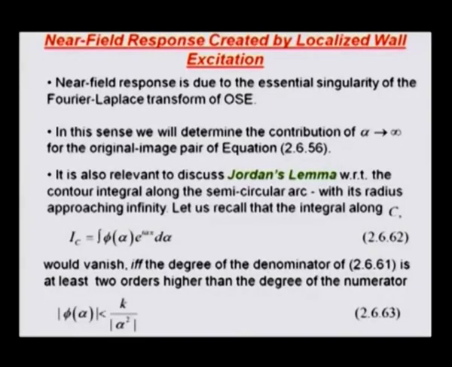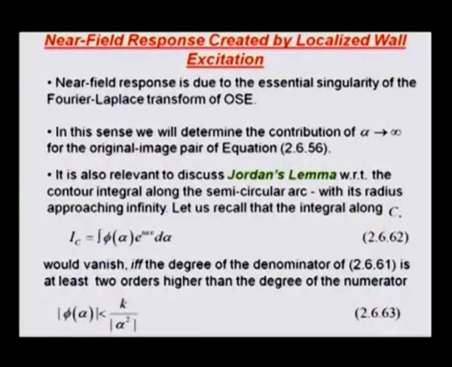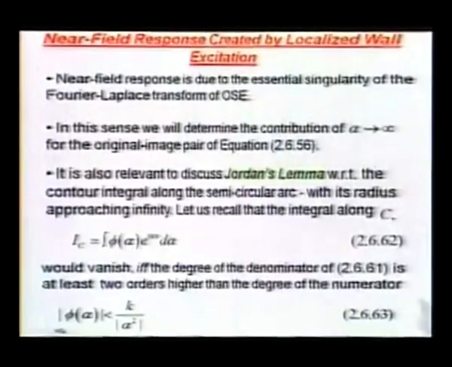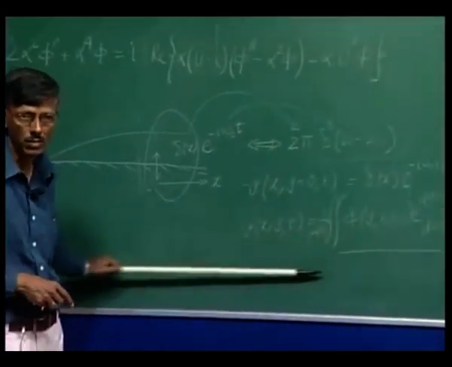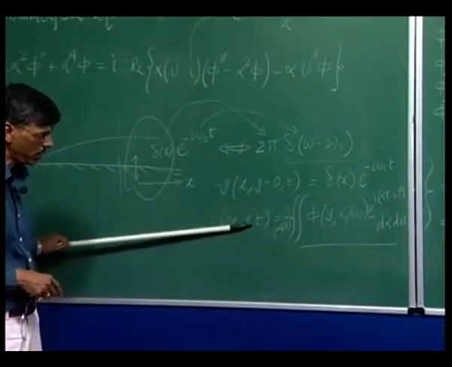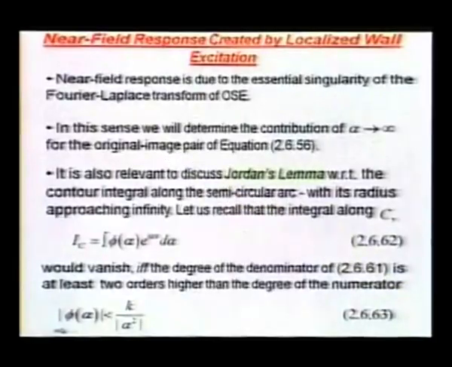So, here also in the alpha plane, alpha going to infinity would be the essential singularity, and I explained to you why it should be so. Because they will contribute significantly to your near field response. So, there is a case for obtaining the contribution from the essential singularity alpha equal to infinity, that we should try to plug into this kind of a relation. This is your physical variable and this is its transform.